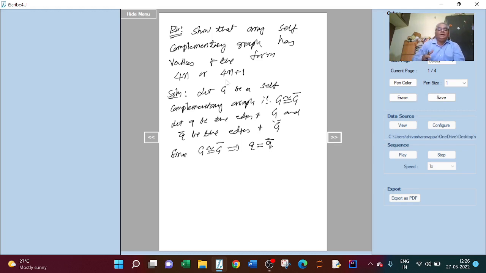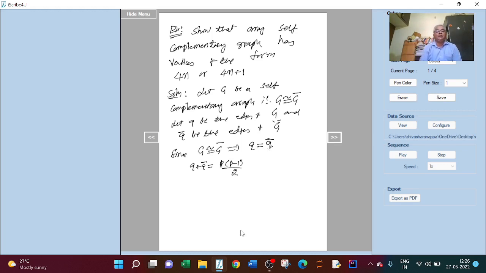Now, the number of edges of G plus the number of edges of G bar must be equal to the number of edges of the complete graph with p vertices. So if G is a graph with p vertices, then the number of edges of G plus the number of edges of G bar is equal to the total number of edges in the complete graph Kp. So Q plus Q bar is equal to P into P minus 1 by 2.